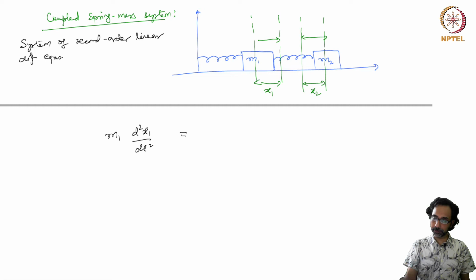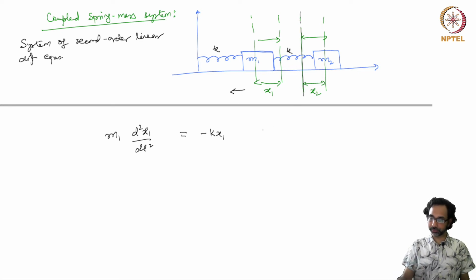So the body m1 will be pulled towards the left by the first spring, and let me assume that both springs have a spring constant k. So it will be minus k times x1, where x1 is the displacement from the rest position of the first spring.